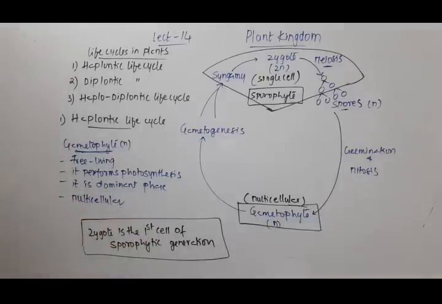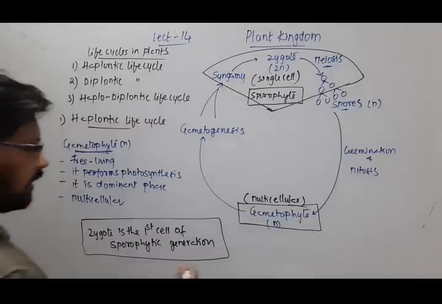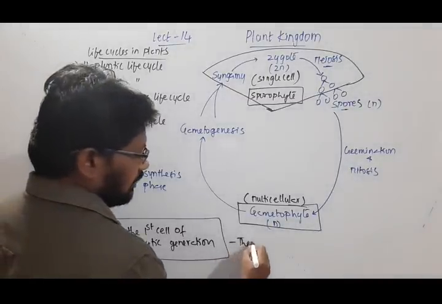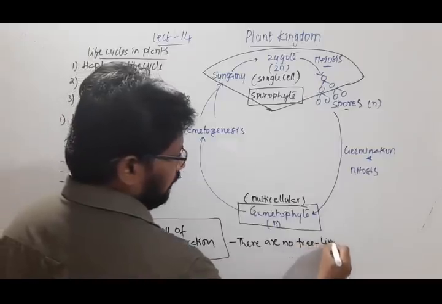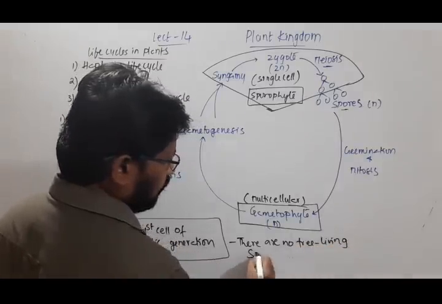This is what we call the haplontic life cycle. Now, the sporophyte is not free living. In this type of life cycle, there are no free living sporophytes.